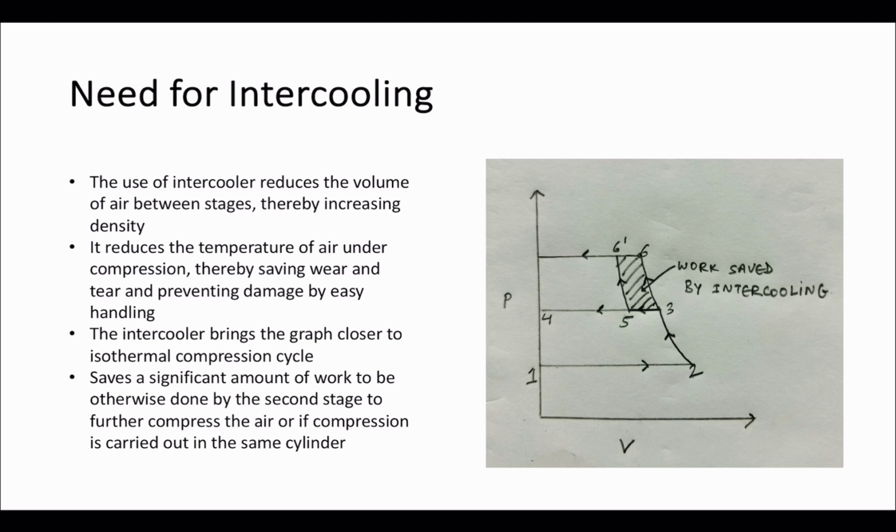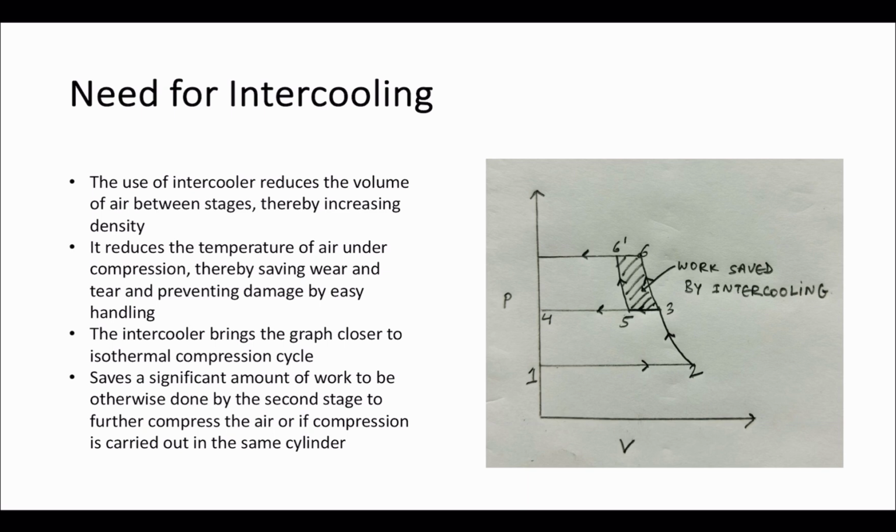Also the intercooler reduces the temperature of air under compression, thereby saving wear and tear and preventing damage, and making it easy to handle. What it means is that the more heat the air would pick up during compression in between stages, the more difficult it is for us to handle this air in the system, and also to store it.